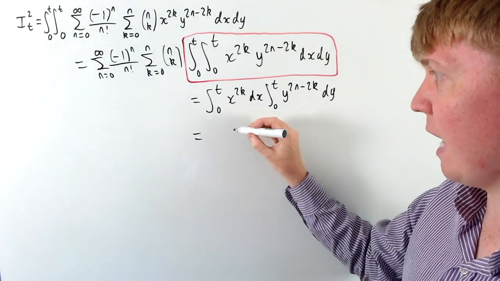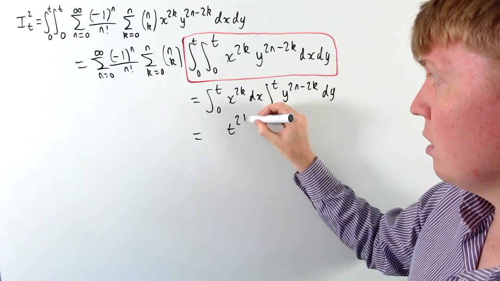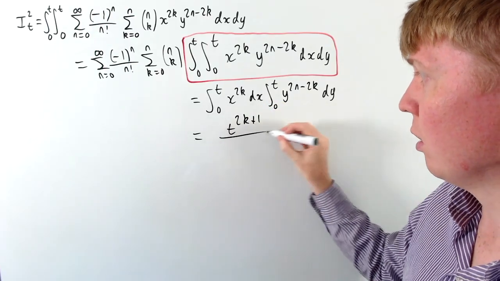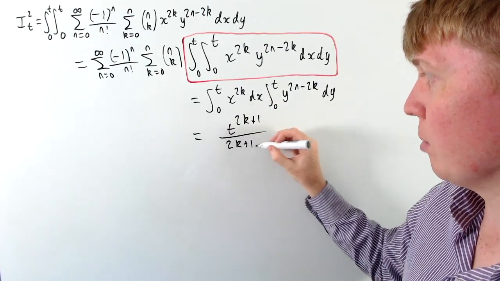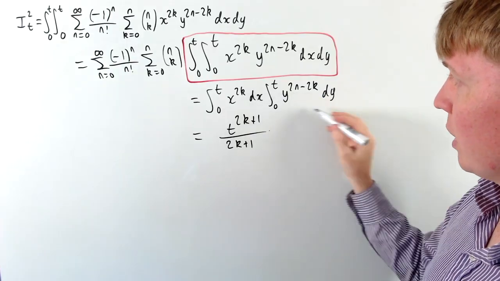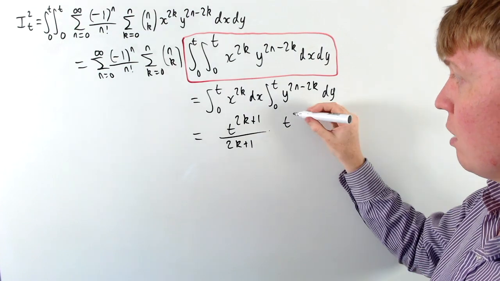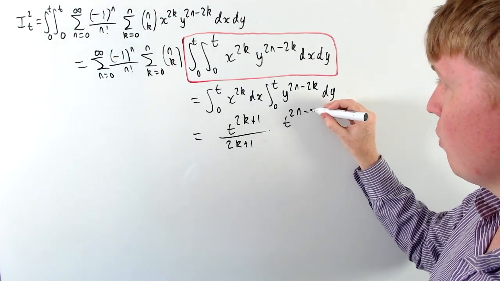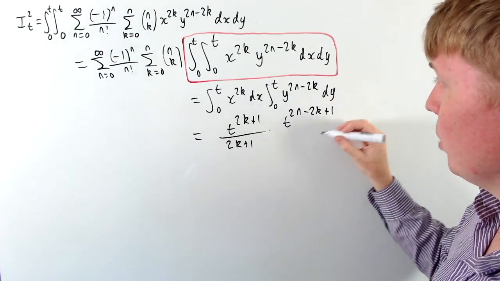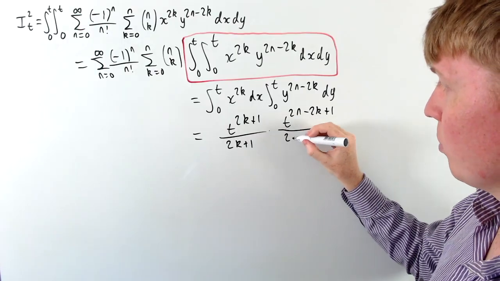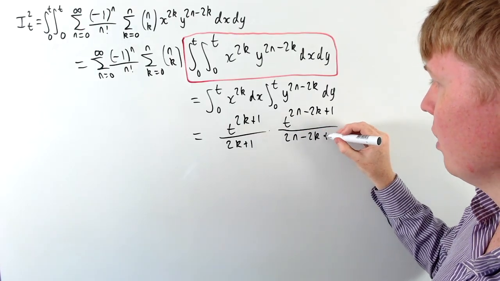So for x we get t to the 2k plus 1 over 2k plus 1, and we multiply this by, similarly for y, the t term, as the 0 term is just 0, so we add 1 to the power 2n minus 2k plus 1 and divide by the new power 2n minus 2k plus 1.